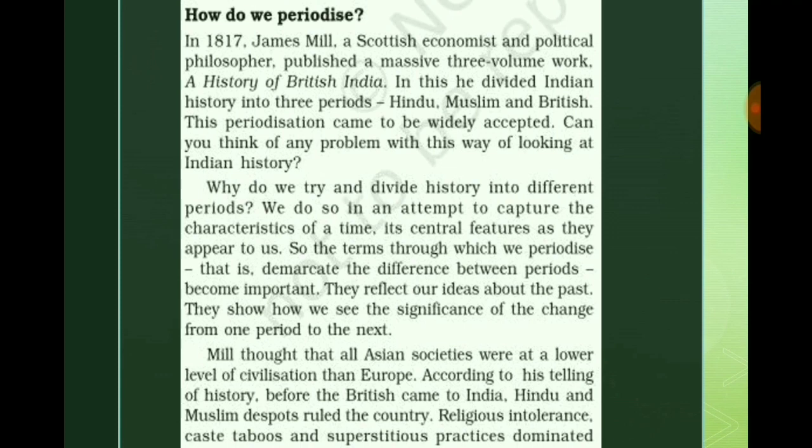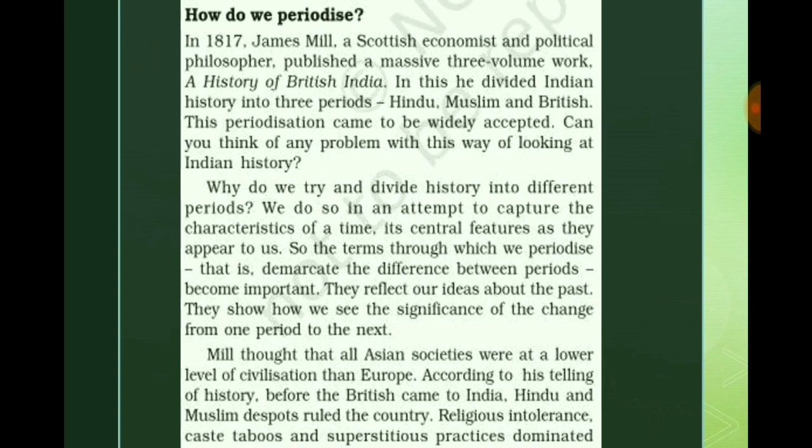Now another division came up where Indian history was divided into ancient, medieval and modern. The reason behind this division is the transition from ancient to modern period, where and how society developed and moved toward growth like science, reason, democracy, liberty and equality. But again, this kind of division has a problem as well.